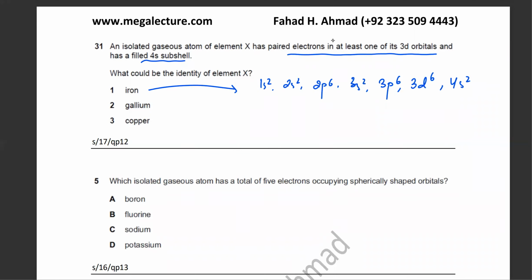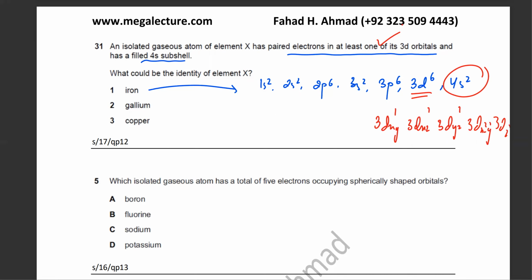The question said it should have a filled 4s subshell, and it does, and at least one of its 3d orbitals must be paired. That is correct, because remember how to fill a subshell: there are 5 orbitals for 3d, including 3dz². Electrons are always filled in a subshell singly first, and since there are 6, the first one is going to be paired.